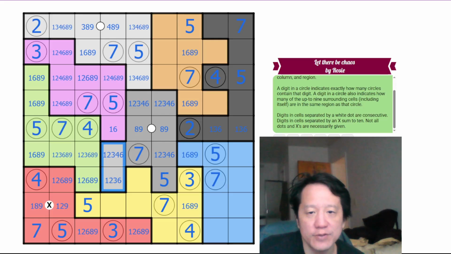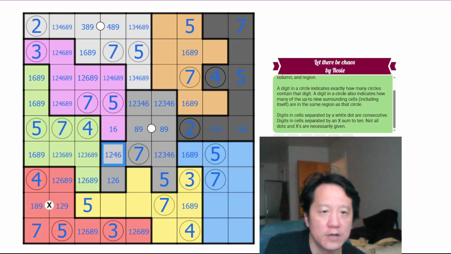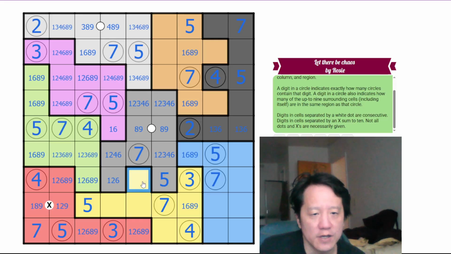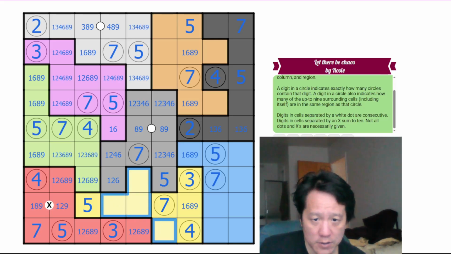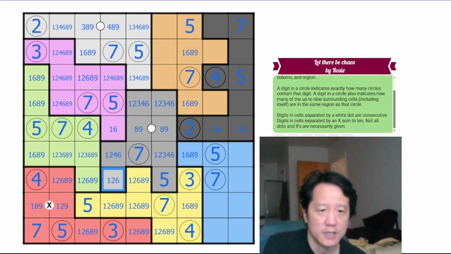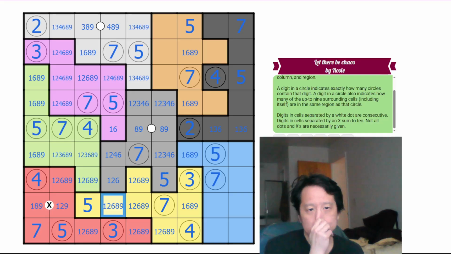Oh, these can't be 3 because of 3 in the row and column. 3 has to be one of these 3. Remaining digits of yellow are 1, 2, 6, 8, 9. Okay. 4 here eliminates 4 in the rest of the row. So these can't be 4.